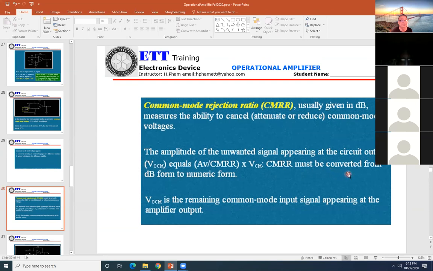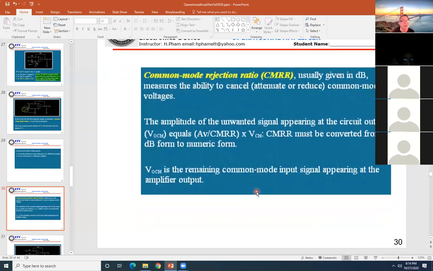CMRR must be converted from dB form to numeric form. VOCM is the remaining common mode input signal appearing at the amplified output.